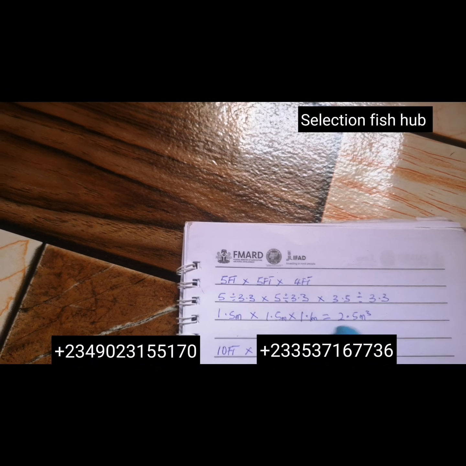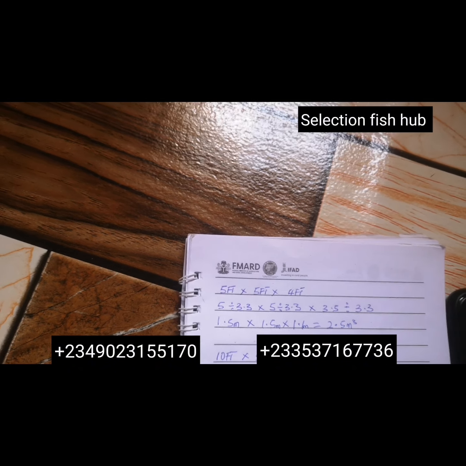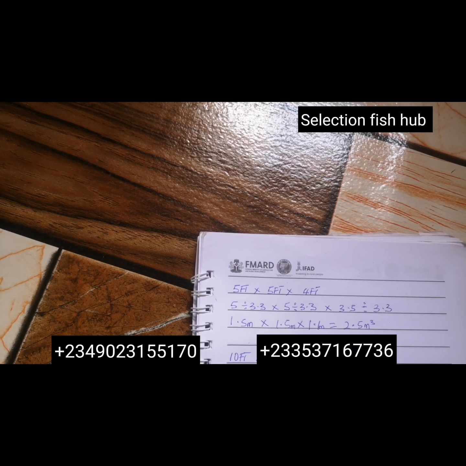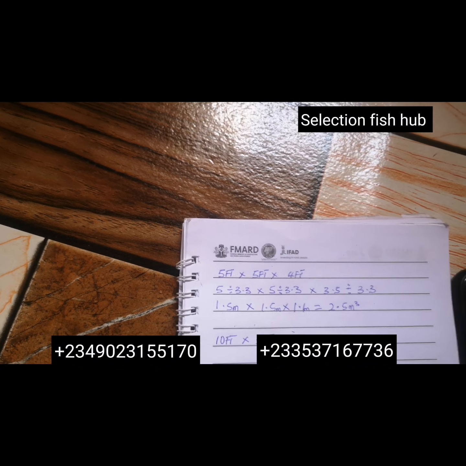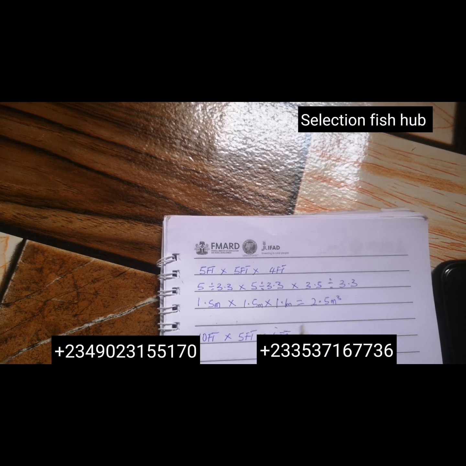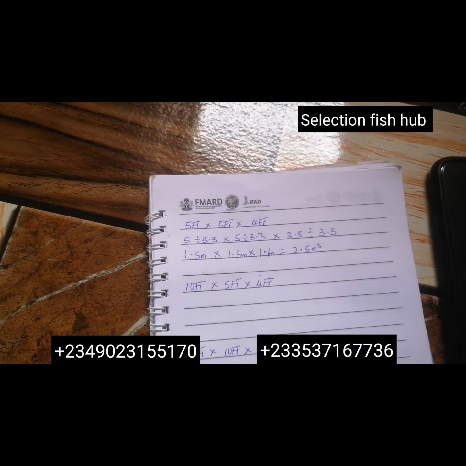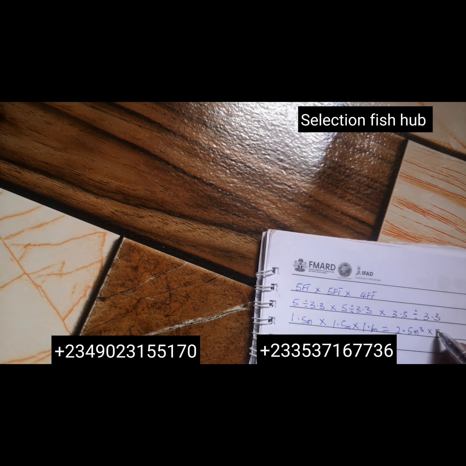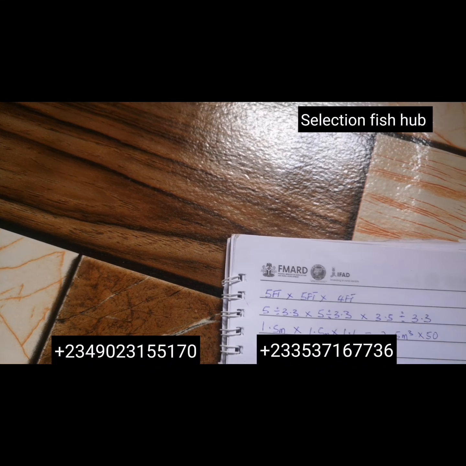Now when we want to get the stocking density, we multiply this by, already I told you that the semi-intensive needs a stocking density of 50 to 100 per cubic meter. So we are working out for the semi-intensive system of fish farming, which is the system of fish farming that is widely practiced in Africa. So when we do our calculation, we multiply by 50, which is the stocking density for 1 cubic meter.